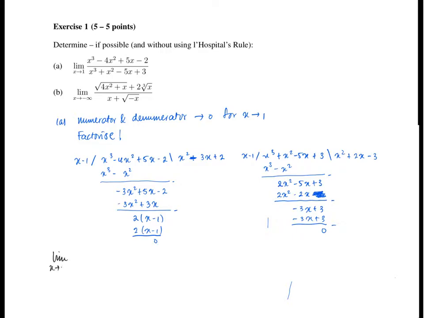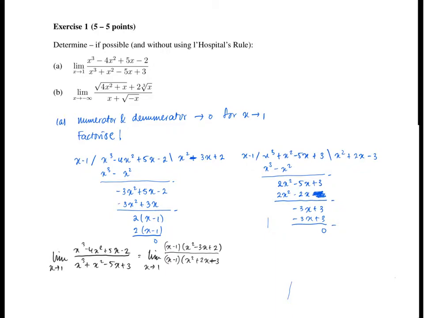So now we may simplify the limit for x to 1 of the numerator divided by the denominator. By factorization, we see that this equals the limit for x going to 1 of x minus 1 times x squared minus 3x plus 2, divided by x minus 1 times x squared plus 2x minus 3.